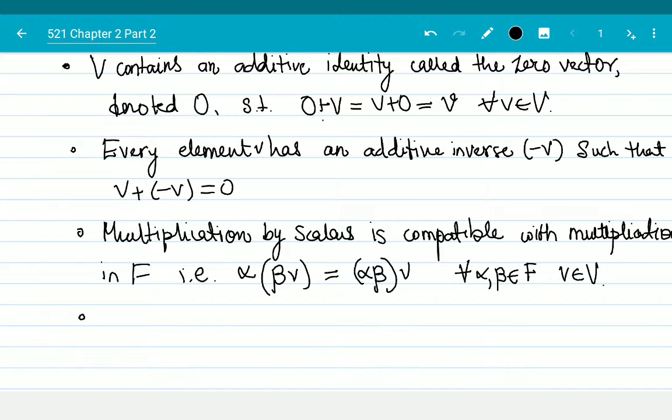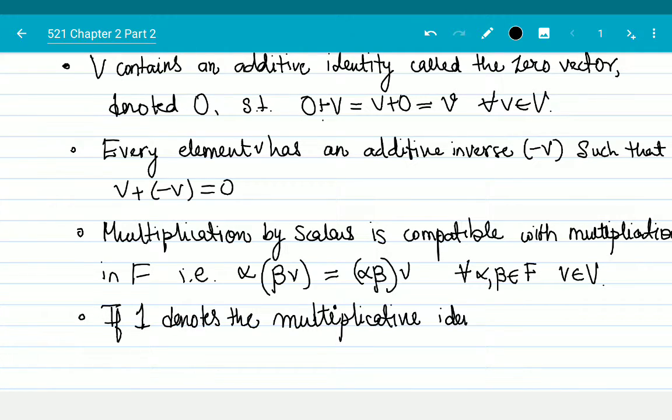Fifth, if one denotes the multiplicative identity in F, then 1V is equal to V for every V belonging to V. Okay.